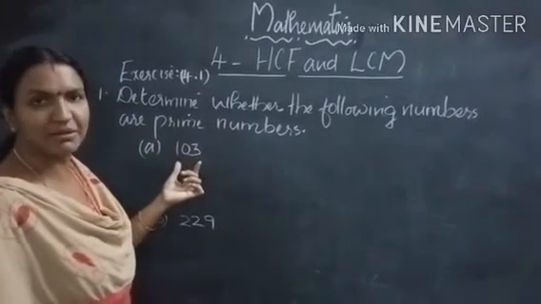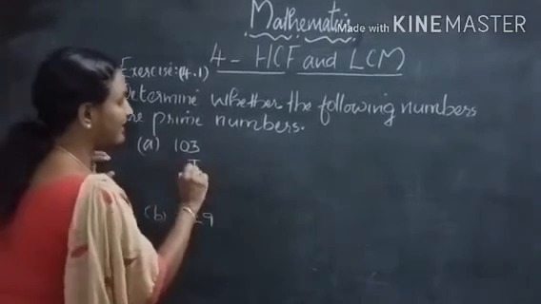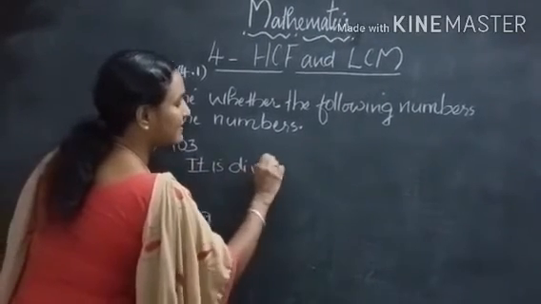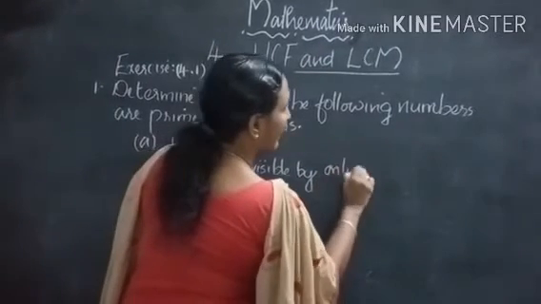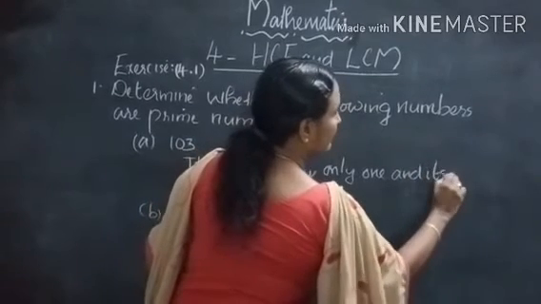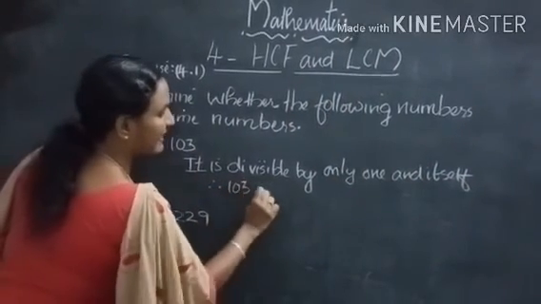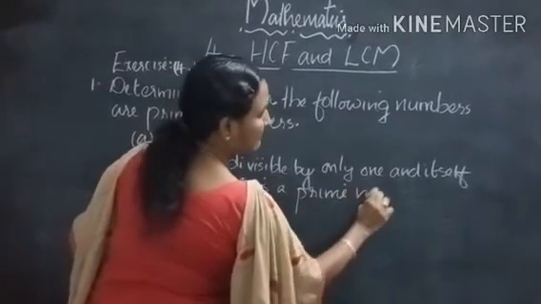It is divisible by only 1 and 103 itself. Therefore, 103 is a prime number.